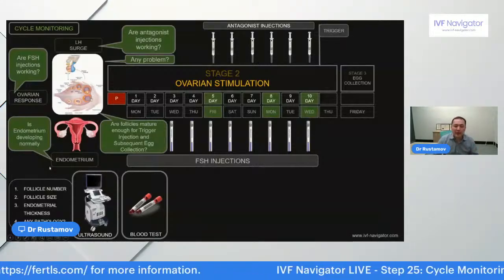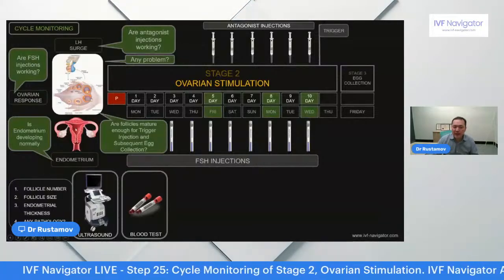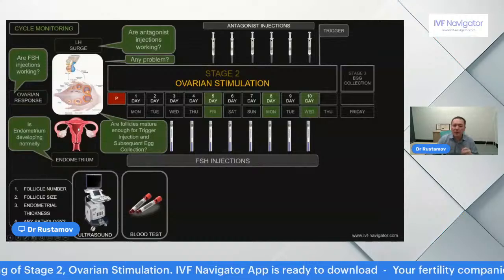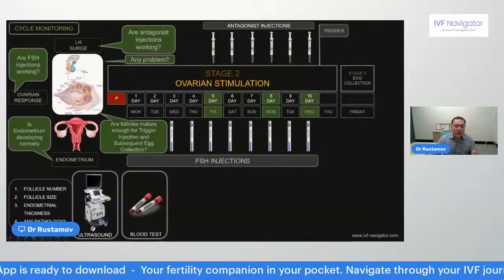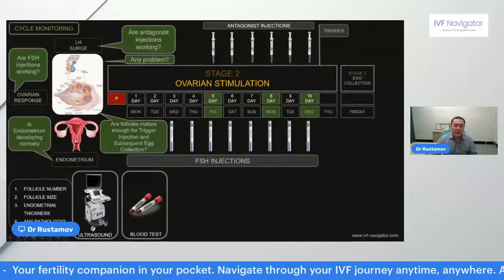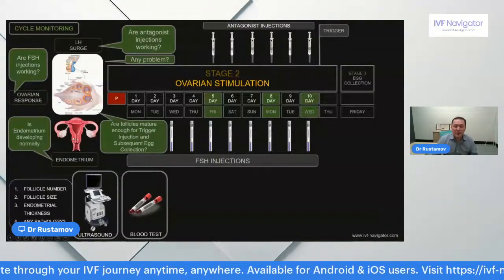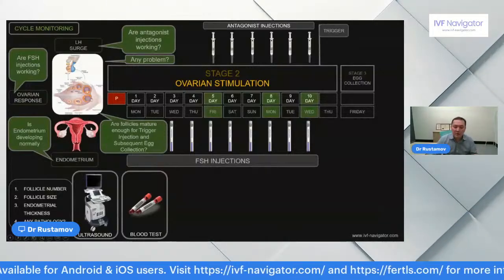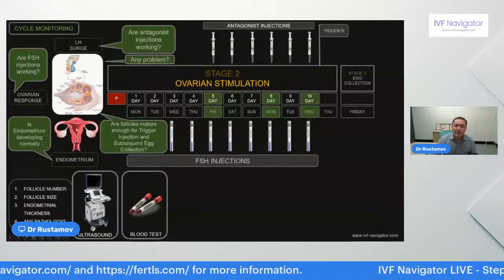And the third thing, they check the lining, the endometrium, like we said, and measure its thickness. We want the endometrium to be more than 7 millimeters on average. The sonographer also checks for possible pathologies, anything which may cause difficulty with egg collection, and which may impact your implantation.